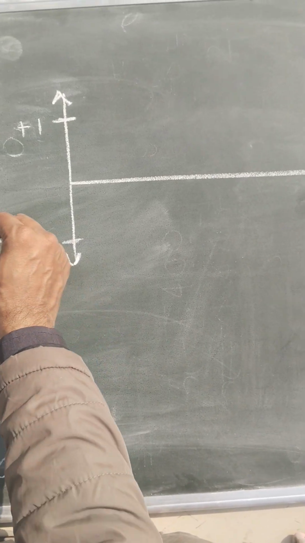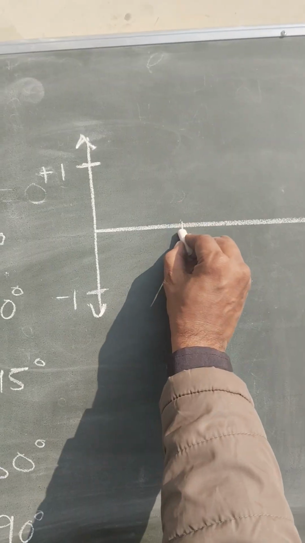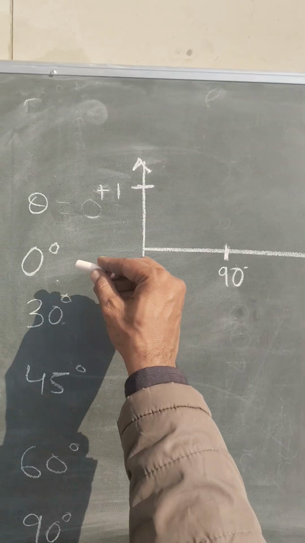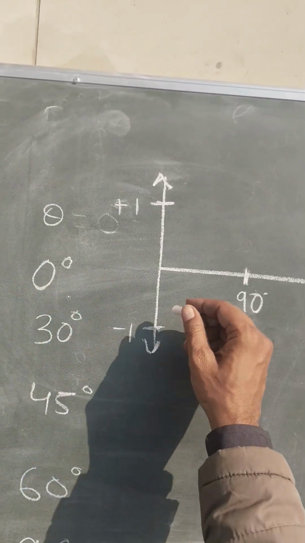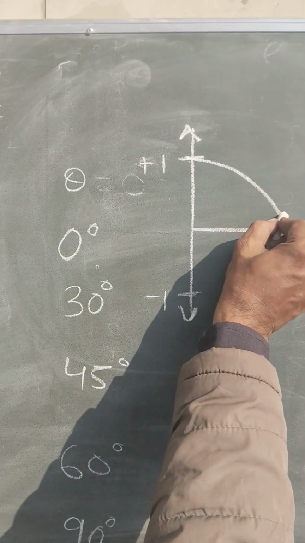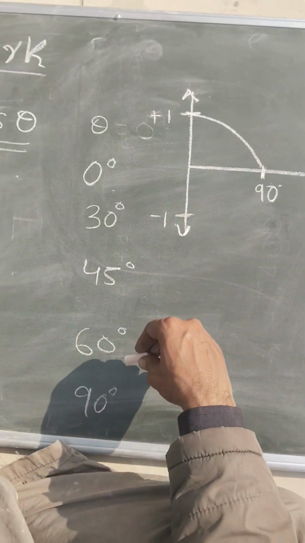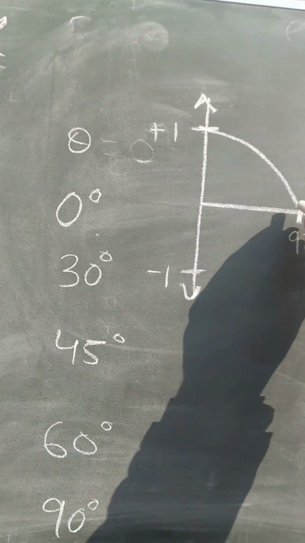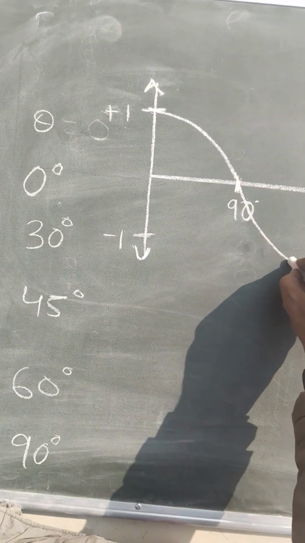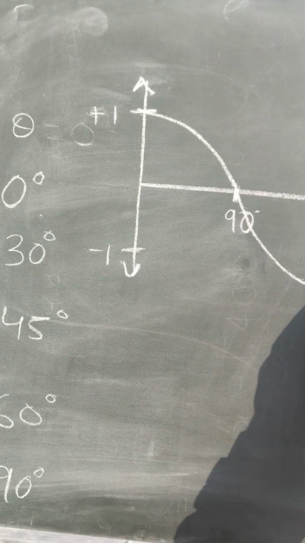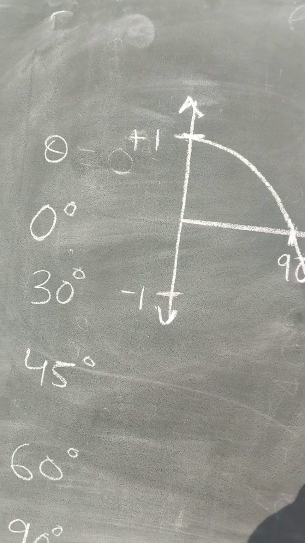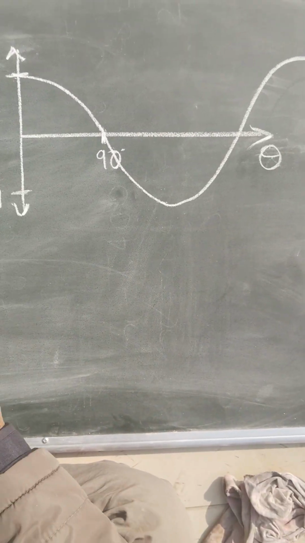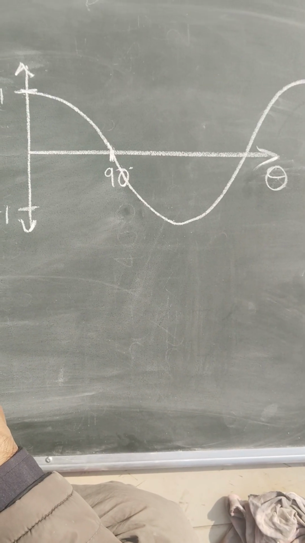From 0 to 90 degree, suppose 90 is here, it goes from 1 to 0. If I keep writing these values till 180 degree, you can see that it goes like that, and so on till 360 degree. So that's how the cos function looks.